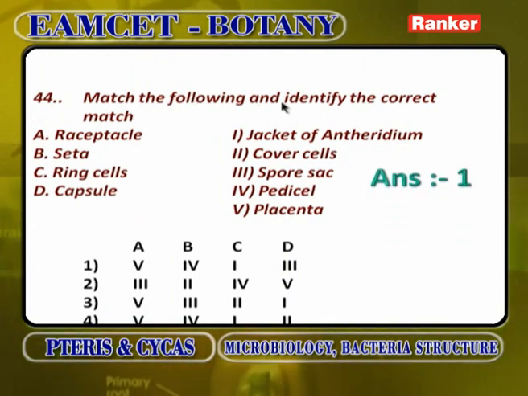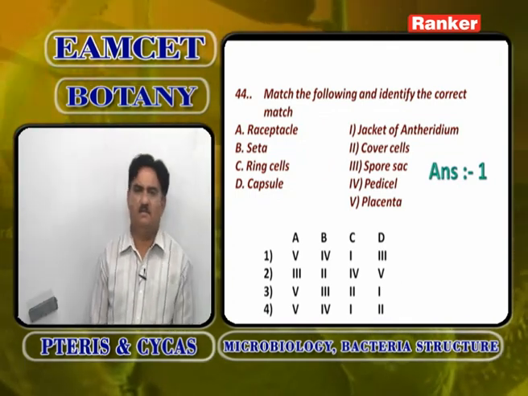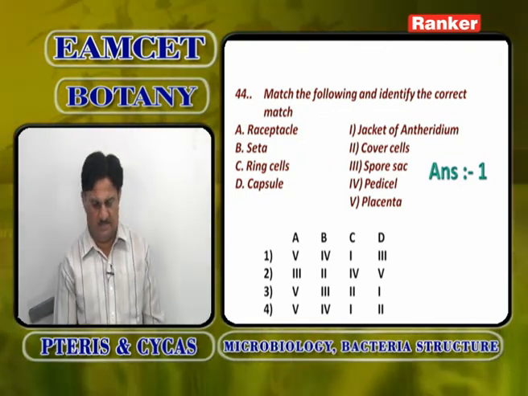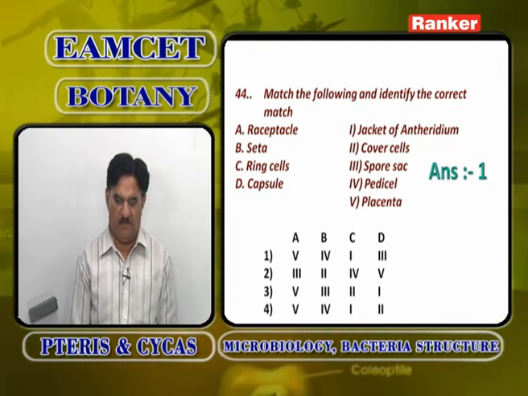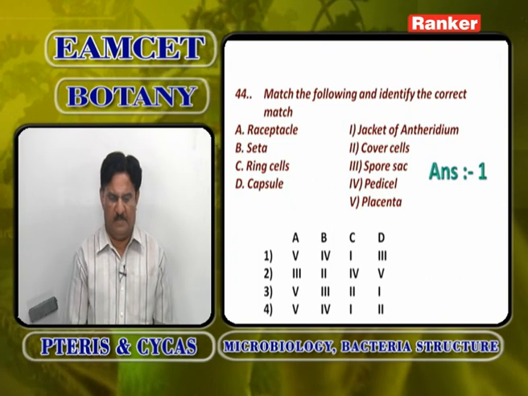Now match the following, identify the correct match regarding Pteris. Receptacle, seta, ring cells, capsule. Jacket of antheridium, cover cells, spore sac, pedicel and placenta. A5. Receptacle or placenta are present in the sorus. Seta, B4, pedicel. The other name of seta is stalk and also pedicel.